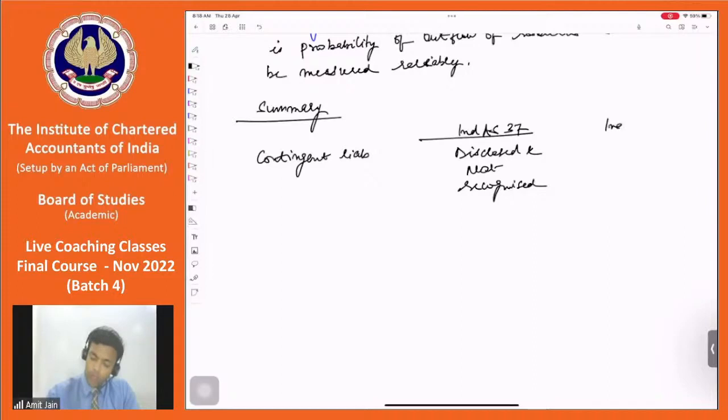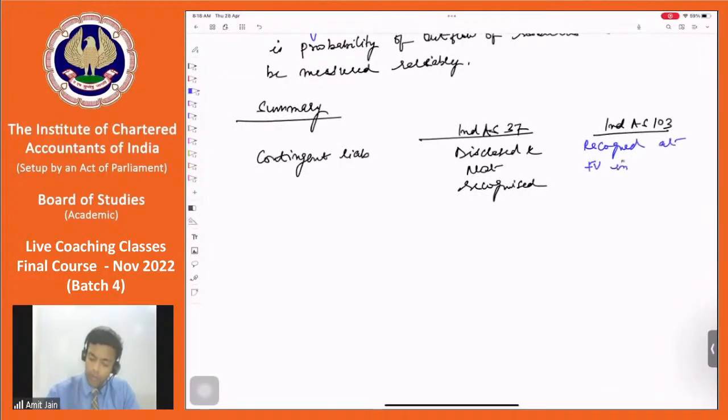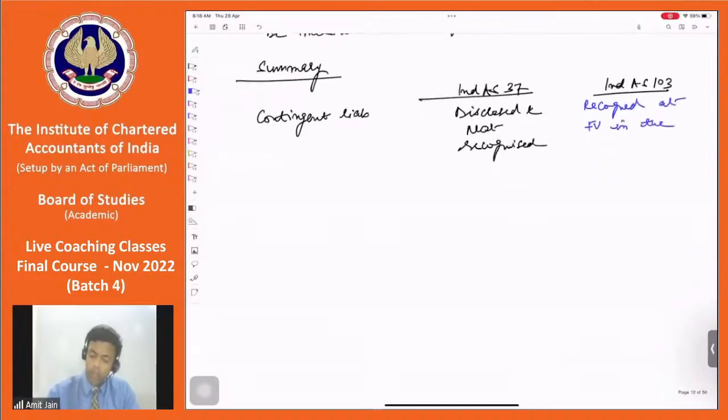Ind AS 103, recognize at fair value in the books of acquirer. Correct guys, are we clear? Are we clear guys?